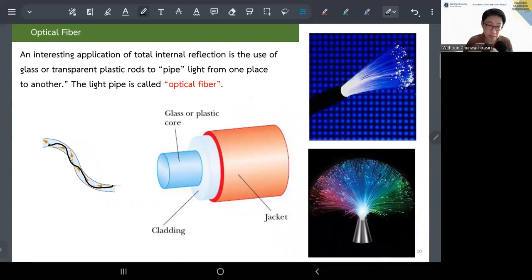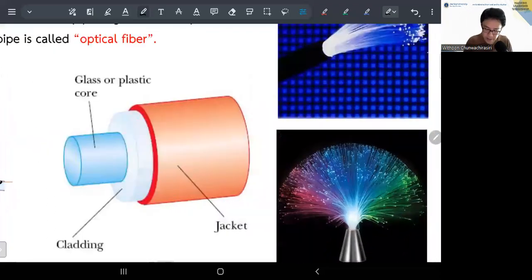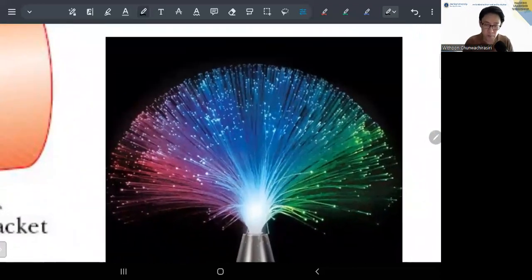It's a fiber generated with the index varying from the center of the core fiber to the rim. There are also some beautiful decorative items that utilize these optical fiber techniques. Yeah, it looks beautiful.